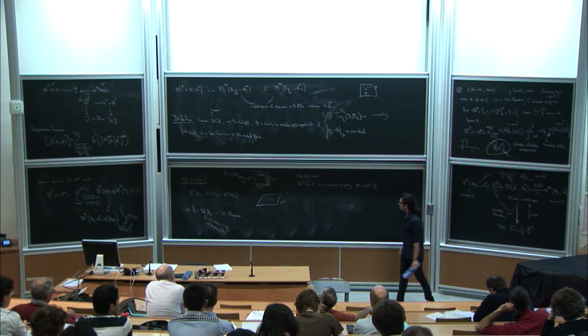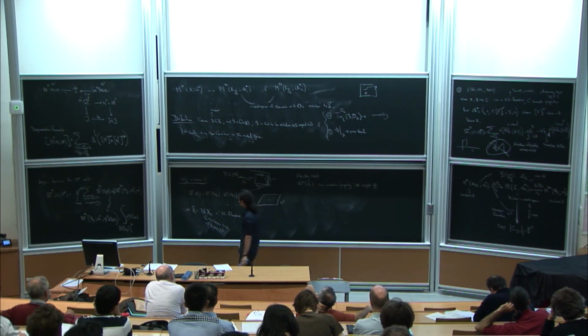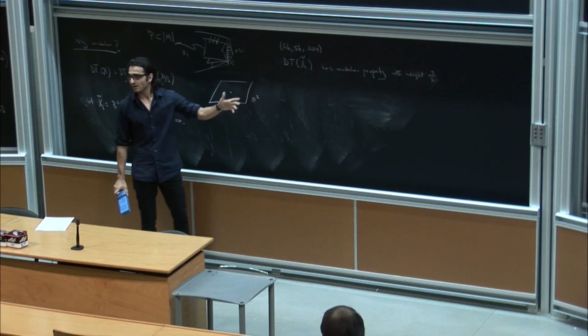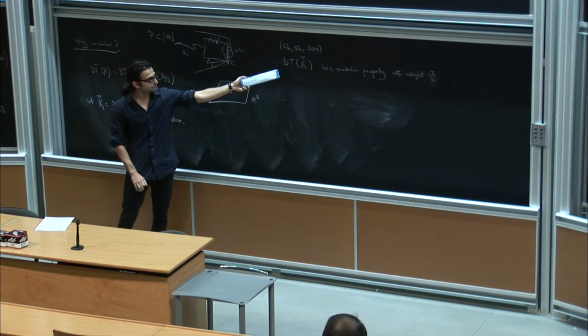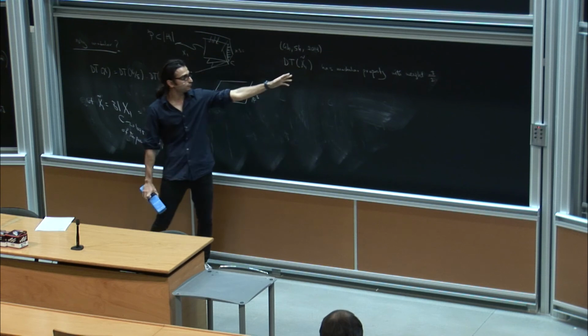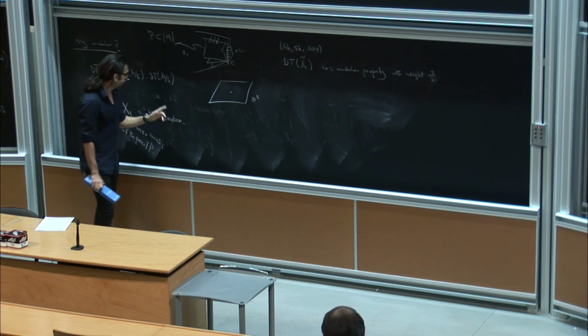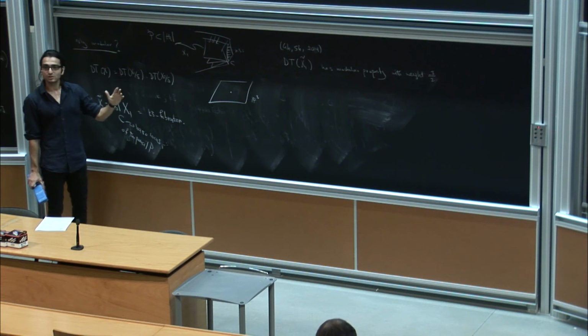So since I'm out of time, I should just say that saying that I can blow up and get some modular form like that is not enough. Next would be, how do you relate the DT partition function of some blow up of this X over some curve to the relative invariance of the curve, the X with respect to S. And for that, you need to do degeneration again.